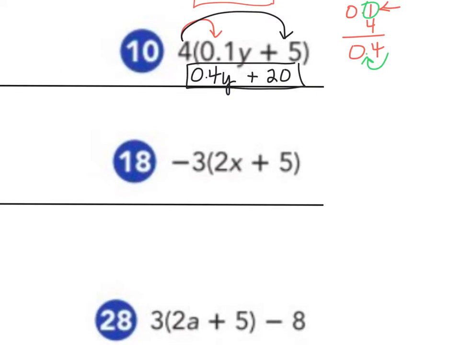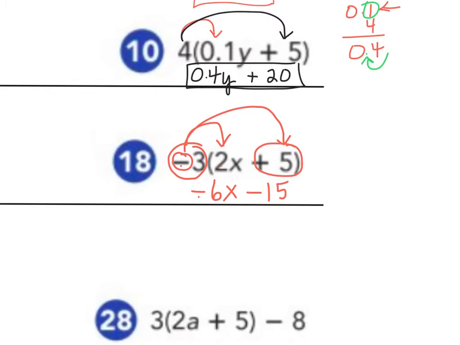Here we go. Negative 3 times 2 is negative 6x. A negative times a positive is a negative. Negative 3 times positive 5 is going to be a negative 15, because a negative times a positive is a negative. Final answer.